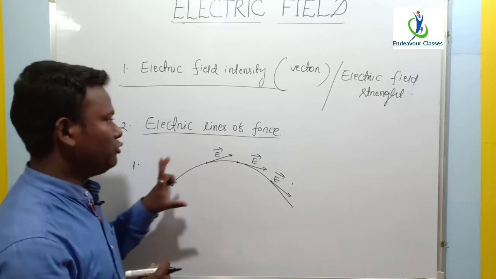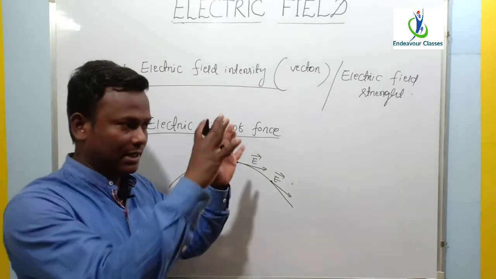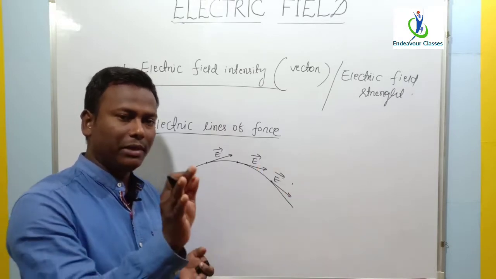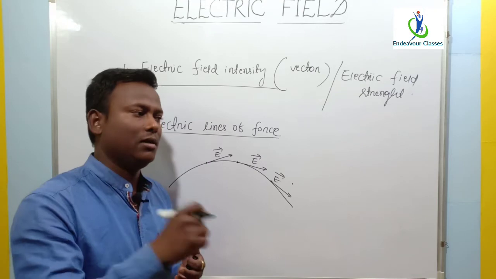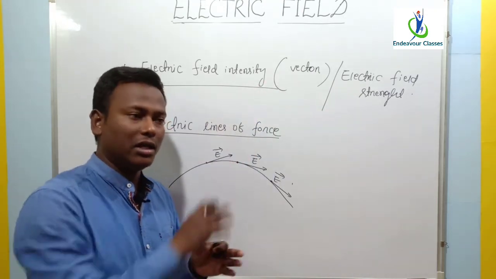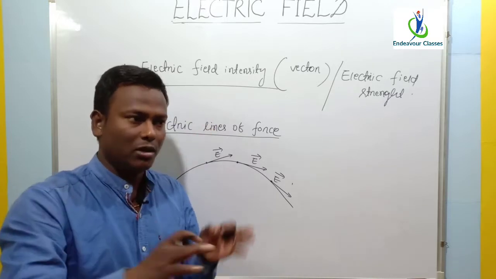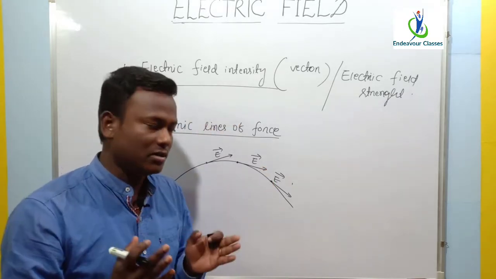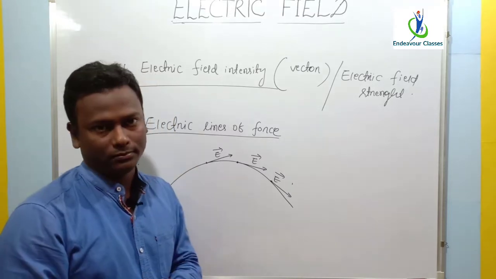That means if you want to draw the lines of force in an electric field, what you do is simply take a unit positive charge, release it in the electric field and see in which direction it is moving. So the path followed by that unit positive charge will give us the lines of force.